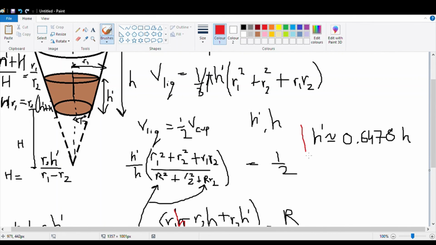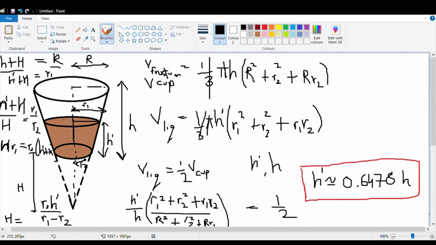So if you want to fill a cup of tea or a glass of water half full, you should strive for this ratio of 0.6478, which is between halfway and three-fourths, a pretty good way to estimate.